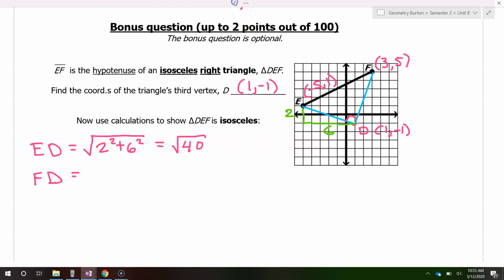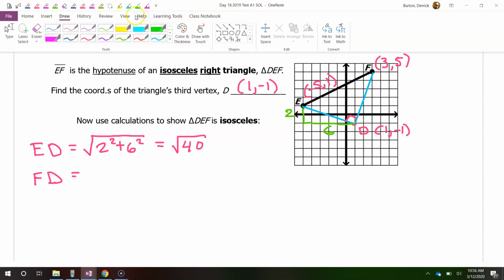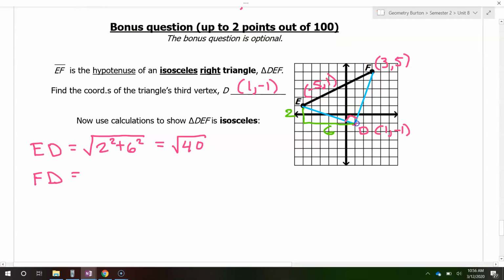And then we could do the same exact thing on the other side. If I make a little right triangle out of it, maybe I'll do it in purple this time. If I make a little right triangle over here, like bing and bing, then I have a 2 on this side, and then this vertical side right here is 6.